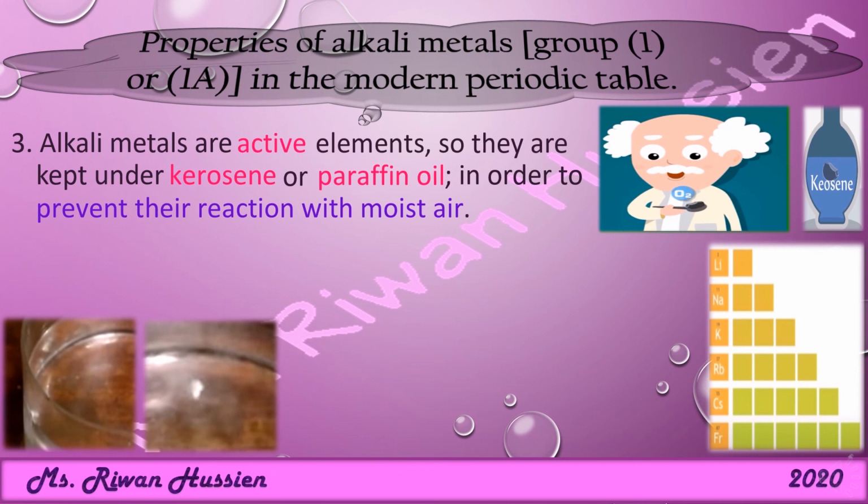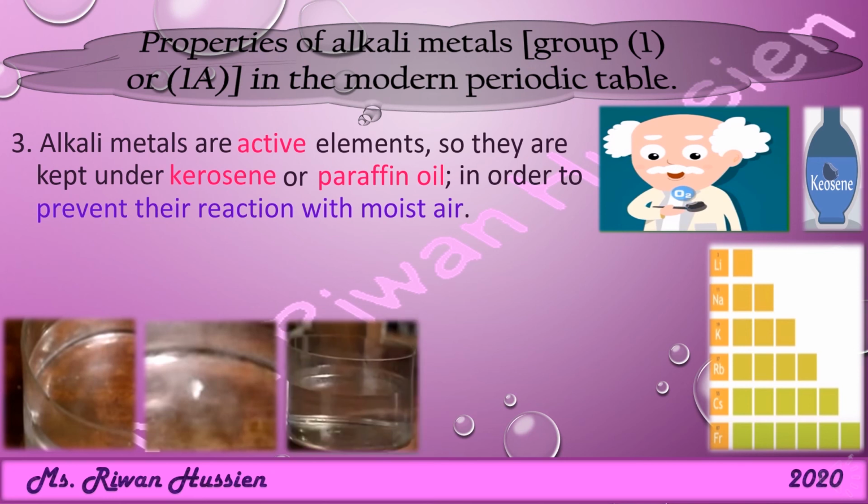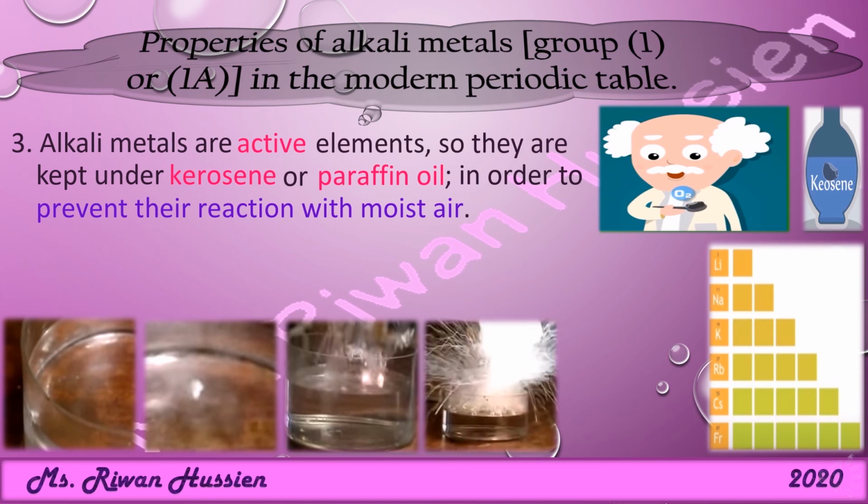Now for potassium. You've seen that the reaction is more active than that of sodium. The next element is rubidium, and this time we put a safety screen between us and the reaction. You've seen that the reaction is more active than that of potassium.